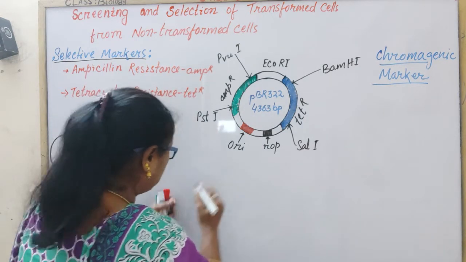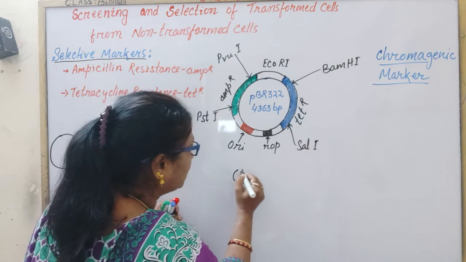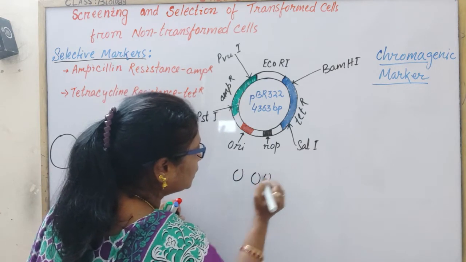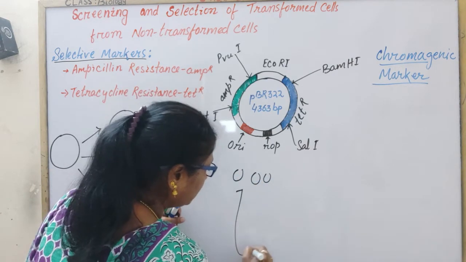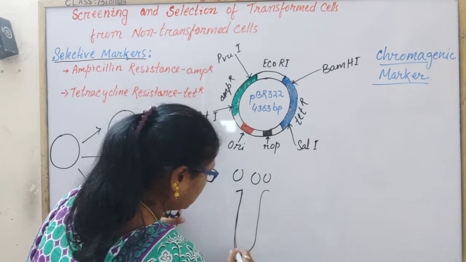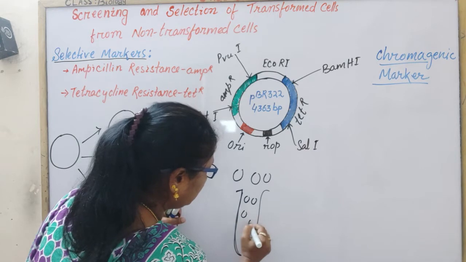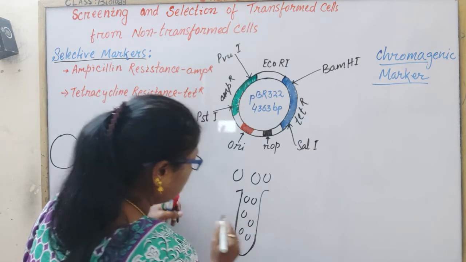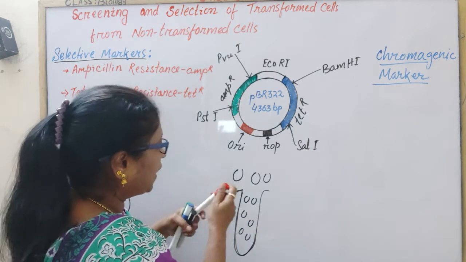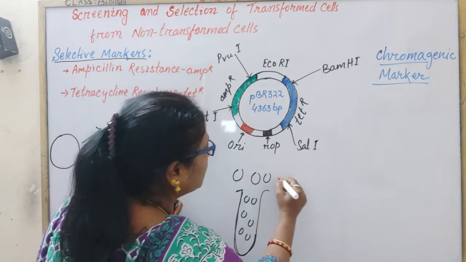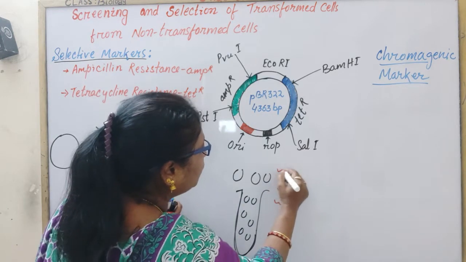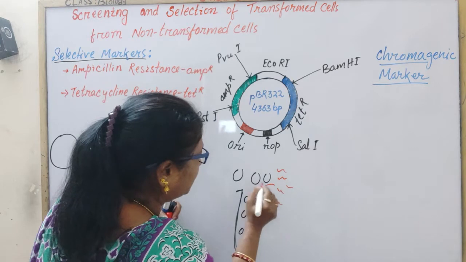So let us think how it is introduced. Suppose the plasmids are digested like this and kept in a container, the digested ones. Then what is added? Suppose these are the foreign DNA fragments added into it.